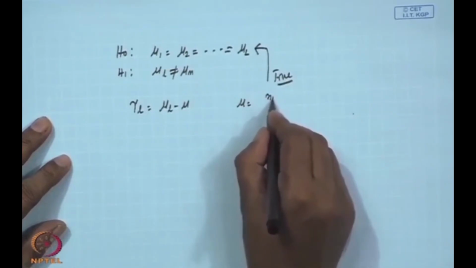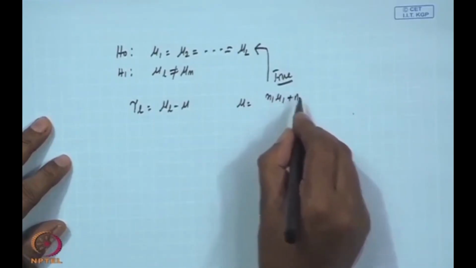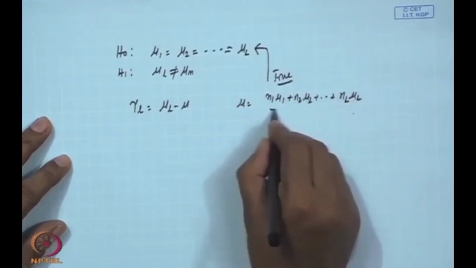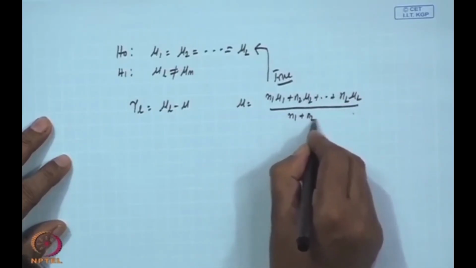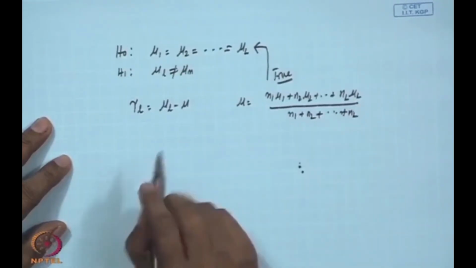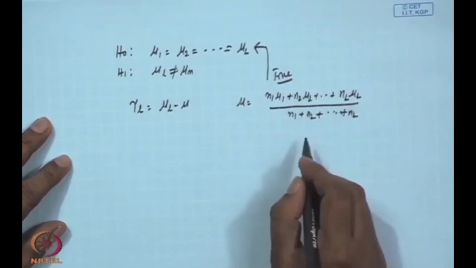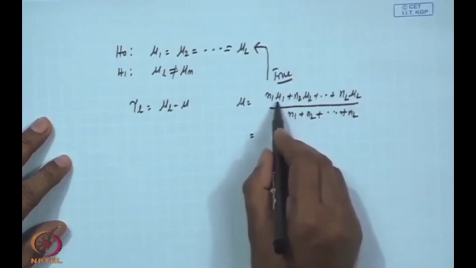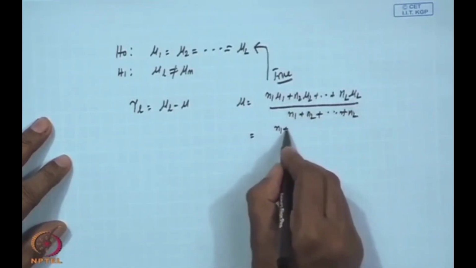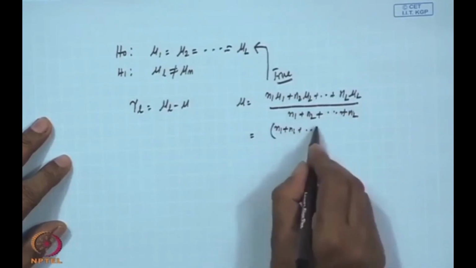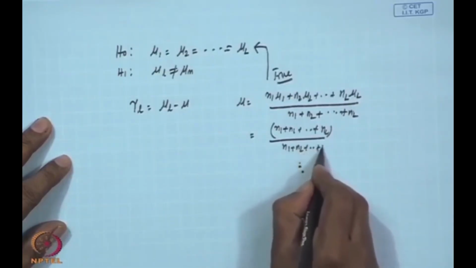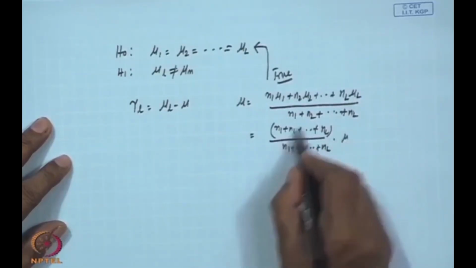Grand mean will be n1 mu 1 plus n2 mu 2 plus dot dot dot n L mu L divided by n1 plus n2 plus n L. If all means are equal, then we can write all mu 1 equal to mu 2 equal to mu L. So, it will be n 1 plus n 2 dot dot dot plus n L by n 1 plus n 2 plus n L into mu, because this will be cancelled out.